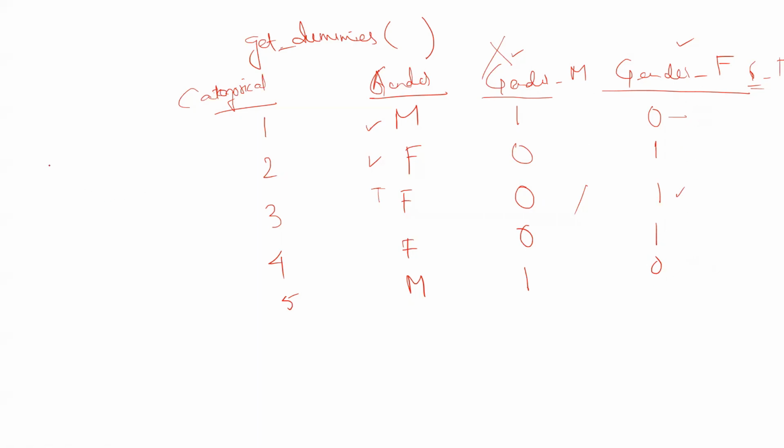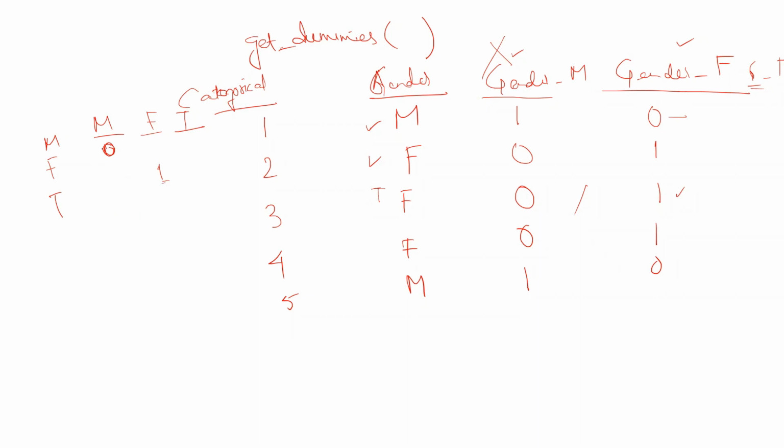If you have, instead of two, male, female, and transgender, you can say one column is male, one is female, one is transgender, and you can create combinations out of it.